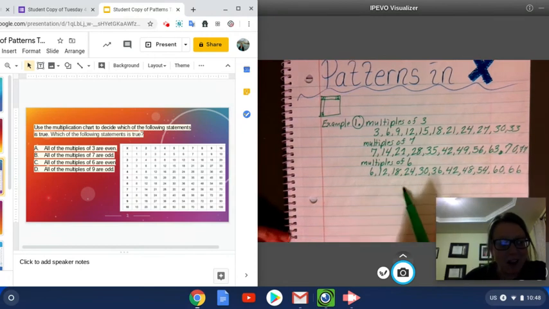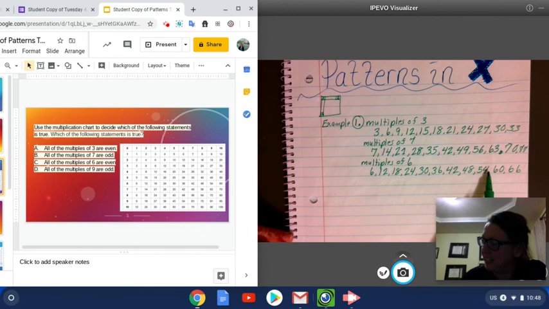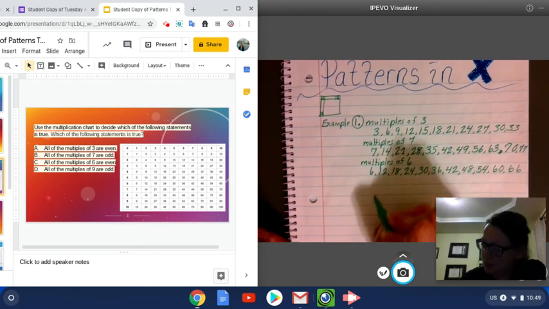And it says all the multiples of 6 are even. 6, 12, 18, 24. Do we see any of these numbers that are odd? No, so that's a possibility.